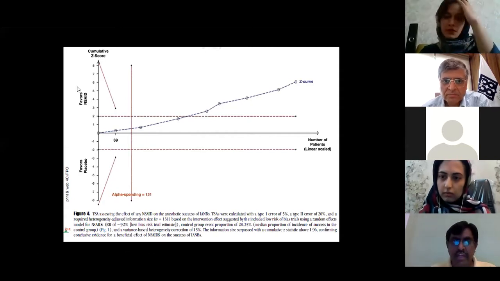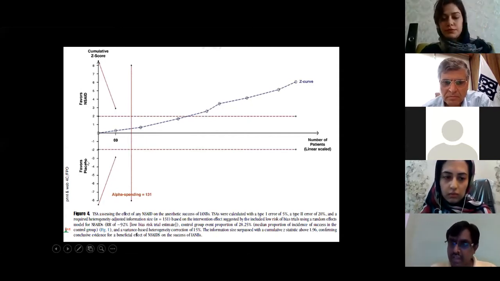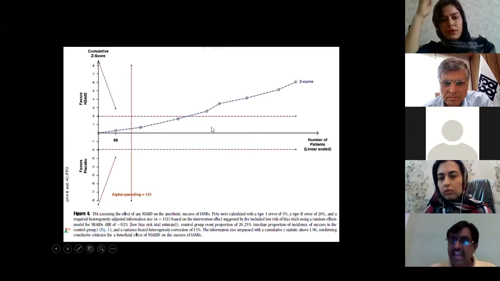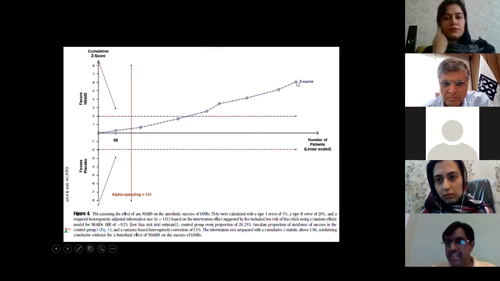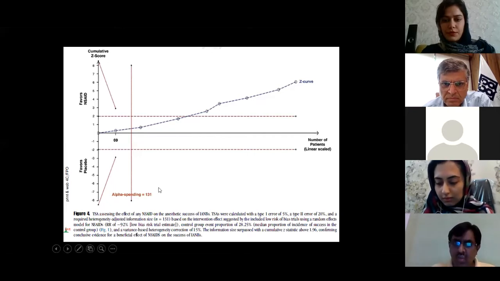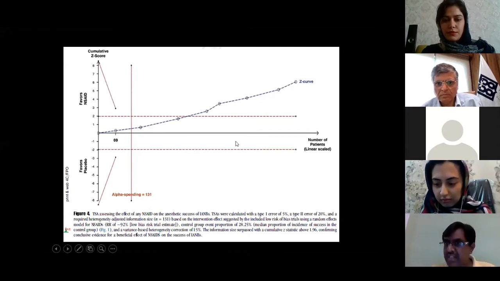These are my two arms. For the results of the meta-analysis, I am taking my Z curve till here. The number of samples I require to confirm the result is only 131, but my sample size is far ahead. So I can confidently show that NSAID is better than placebo.